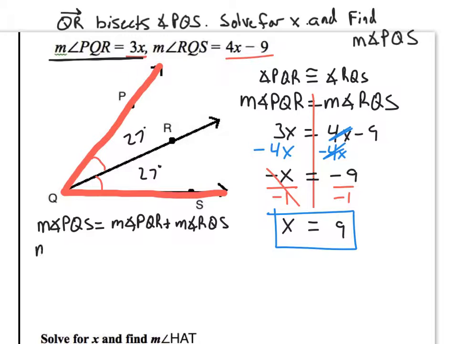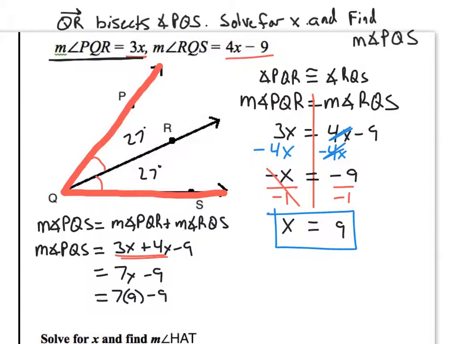So finishing this up, we have the measure of angle PQS equals, let's see, the measure of angle PQR was the 3x, plus the measure of angle RQS is the 4x minus 9. So I can combine these like terms, giving me 7x minus 9. And so now I substitute in 7 times 9 minus 9.